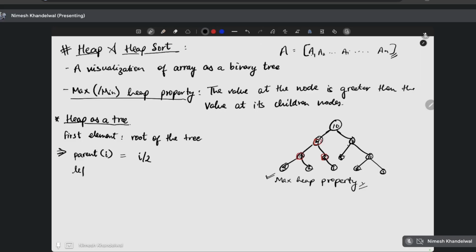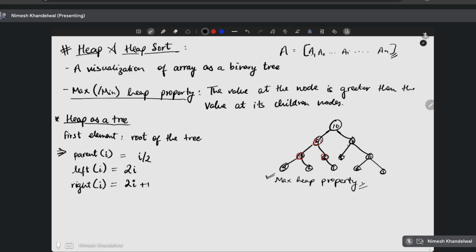And the left child of the ith node is at the 2ith location, and the right child of the ith node is at the 2i plus 1th location, right?